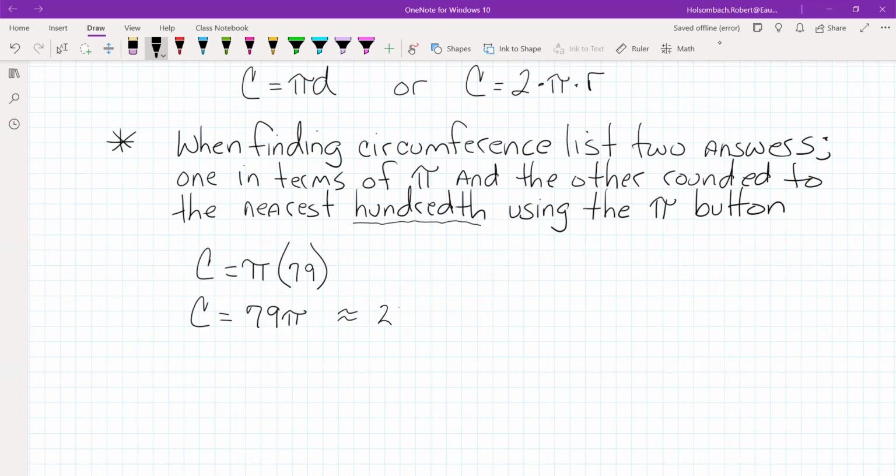And we get 248.19. Now, circumference is a distance, so this would be 248.19 feet. Diameter times pi.